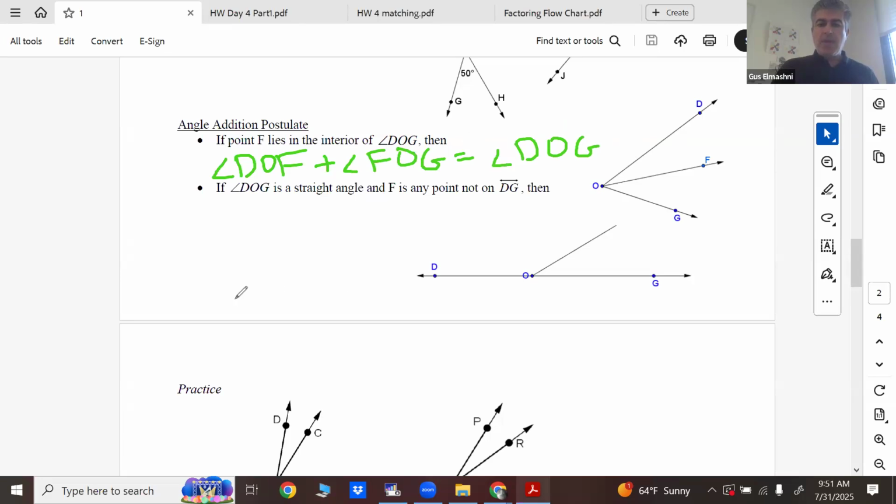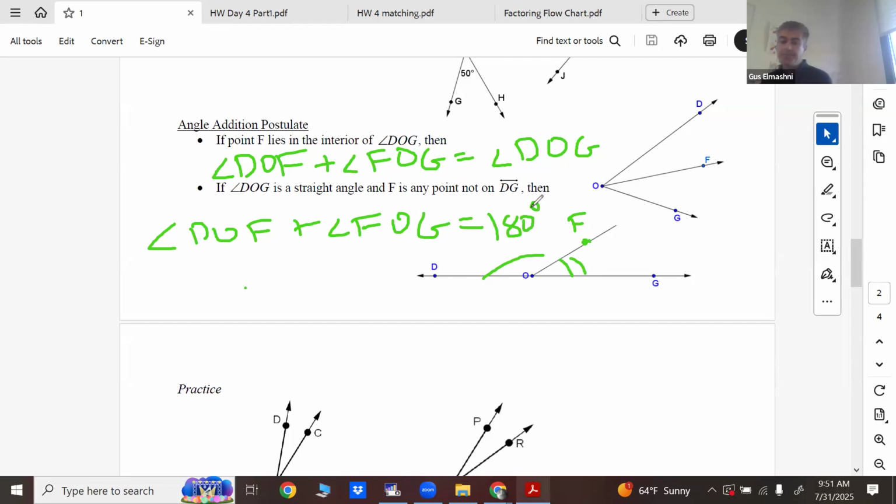And if angle DOG is a straight angle, and F is any point not on line DG, so let's say it's right here, then you could say angle DOF plus angle FOG equals how many degrees, if we're making a straight angle here? 180, yes, because we're forming a straight angle.